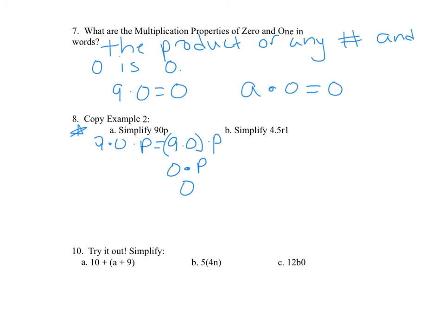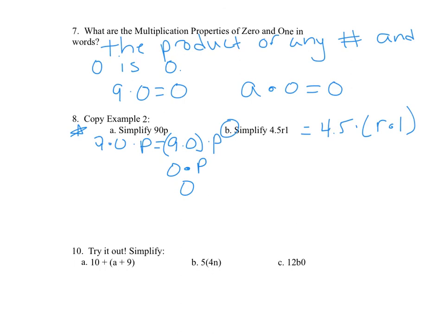Let's take a look at the next one. B. Simplify 4.5 times r times 1. Well, we're going to use the associative property of multiplication to change our grouping, because we have that r variable in the middle, and we don't know what r stands for. So let's write that as 4.5 times r times 1.